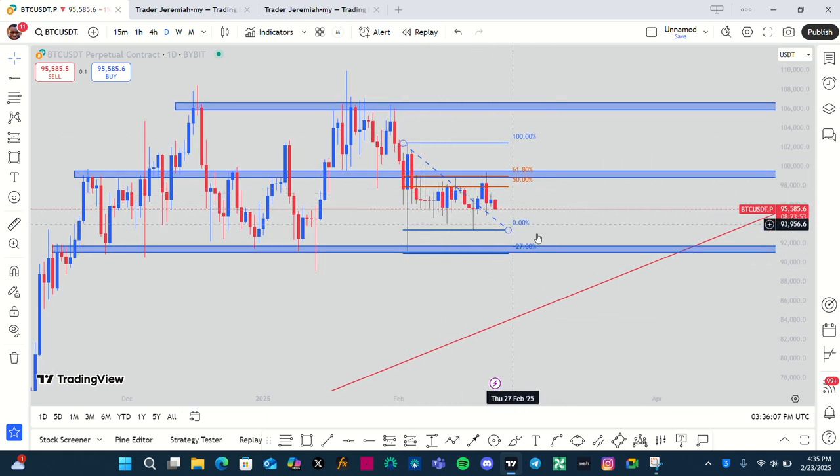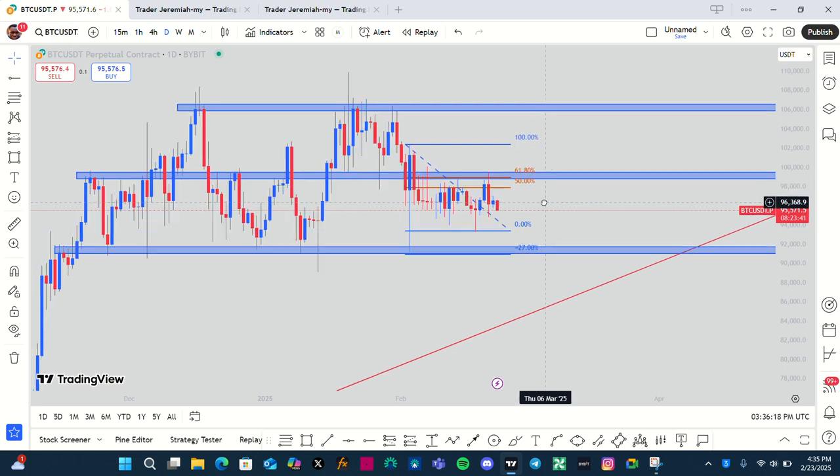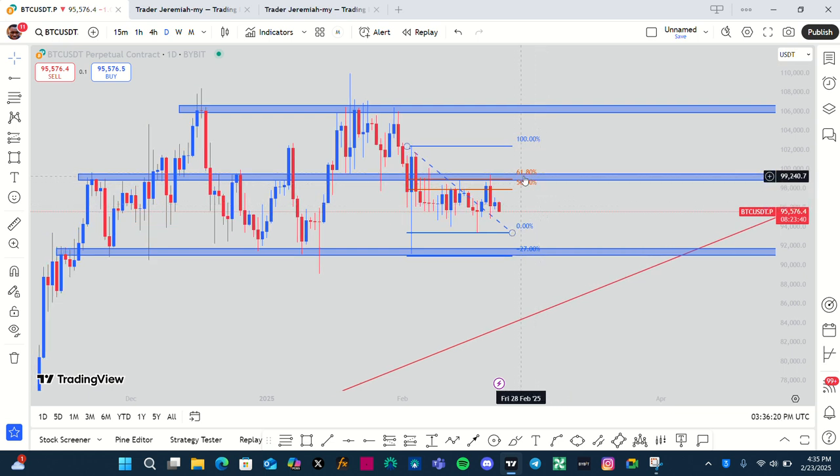So after having price at this area, at this 50 and 61.8 Fibonacci level, and at this key level, when price tagged into this zone, I was already looking to sell at this region.